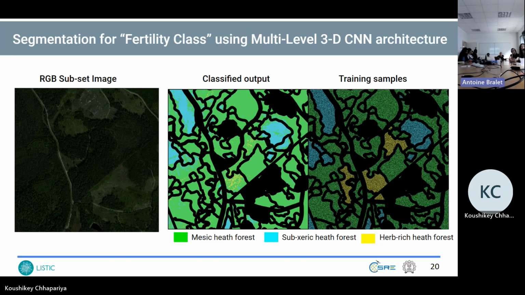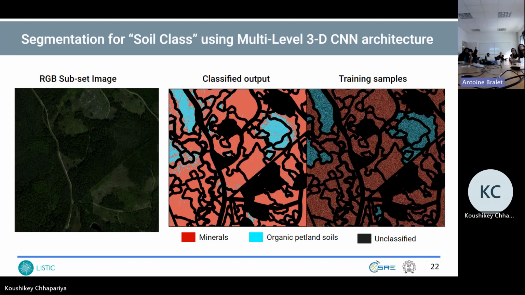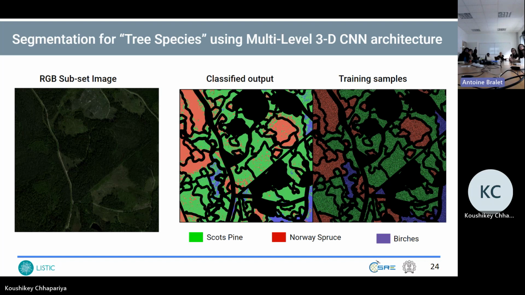You can see in the middle part the classified output for the fertility class. We had 3 variables: fertility, soil, and mean tree height. So the middle one is the classified output for the fertility class. This is for the soil classes, and this is for the tree species.